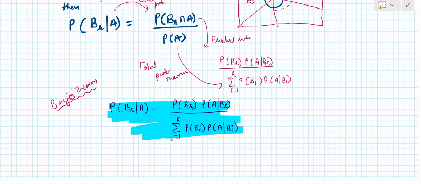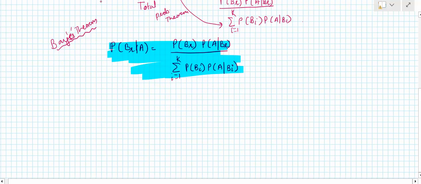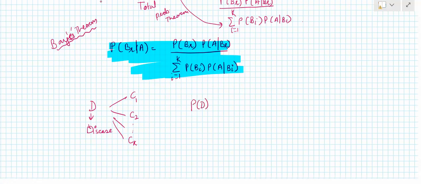Now how will we use it? For example, suppose you have a disease D. And suppose there are several possible causes of the disease, say C1, C2, and so on, CK. Then most of the times we know the probability of the disease, the probability of disease because of the first cause, the probability of disease because of the kth cause.